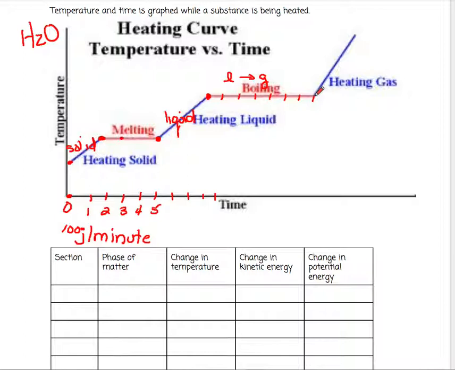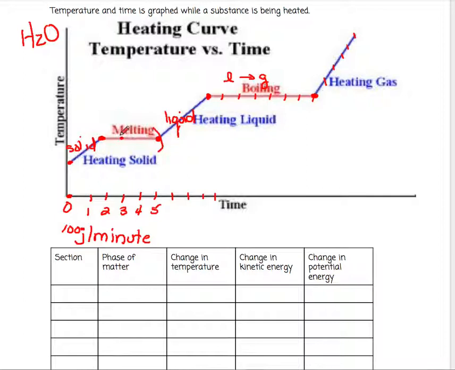And then finally, when I get to here, all of my molecules are gas, and the gas starts to rise in temperature again. And it will rise as I add my 100 joules for every minute. So 100 joules, now I'm up to here.